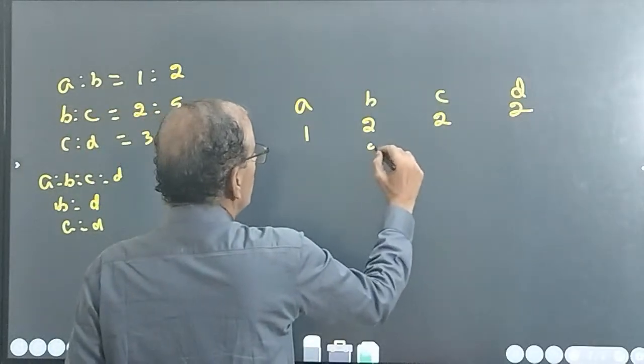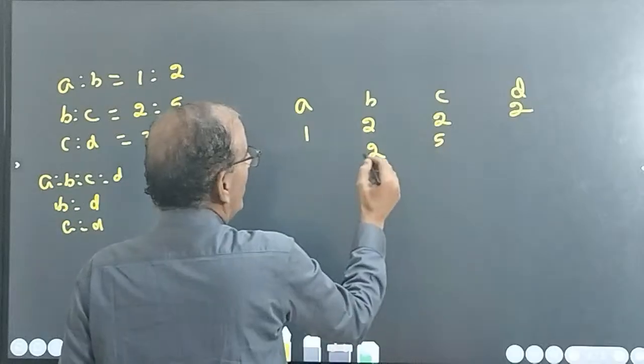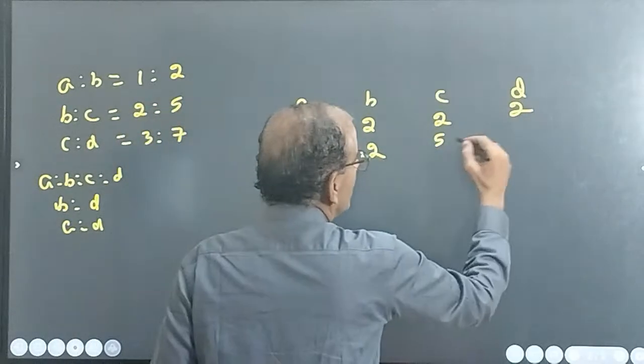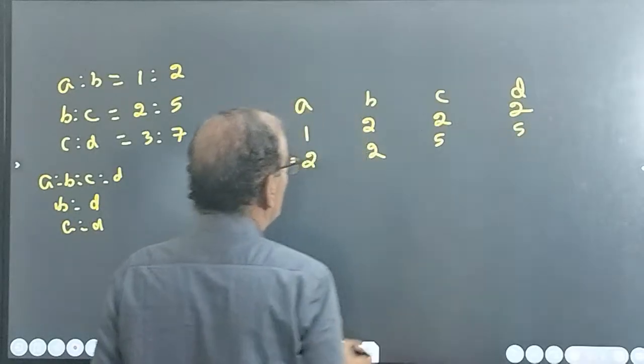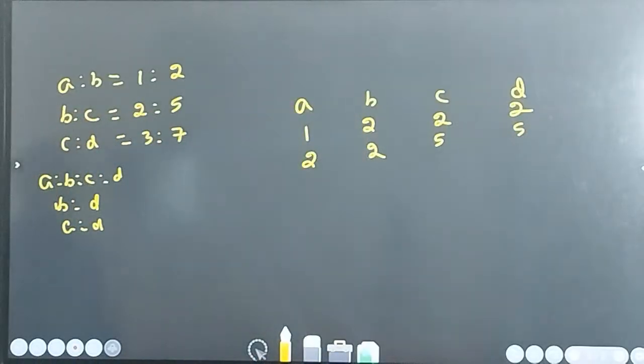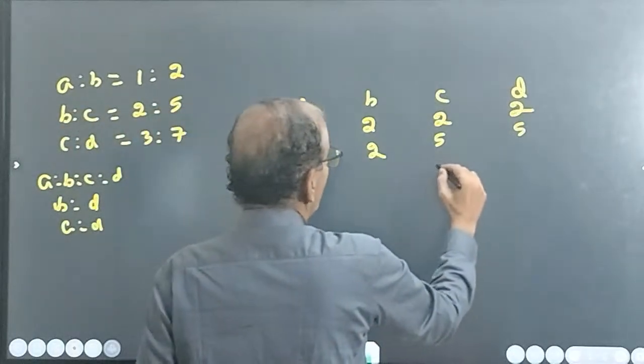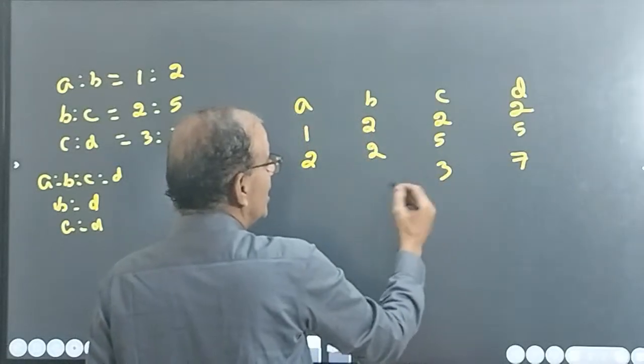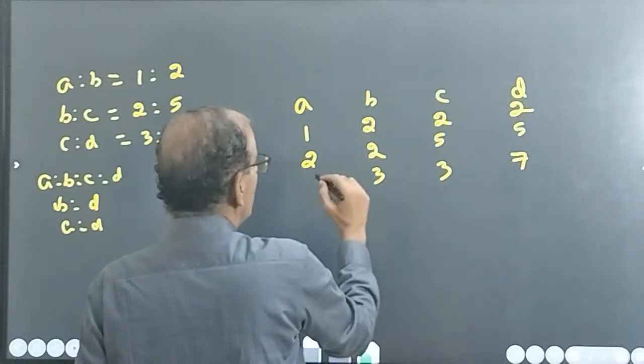Next to it, this number you copy, that is 2. C is to D, 3 is to 7. C, 3, D, 7. You copy this number, whatever number is next to it, copy it as it is. 3.